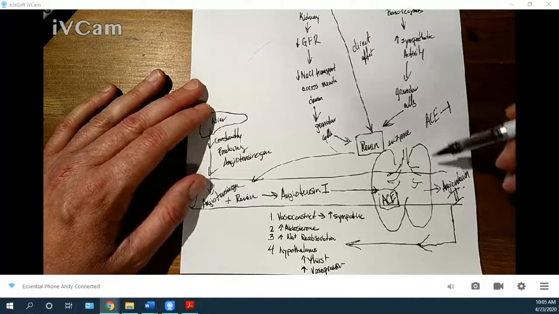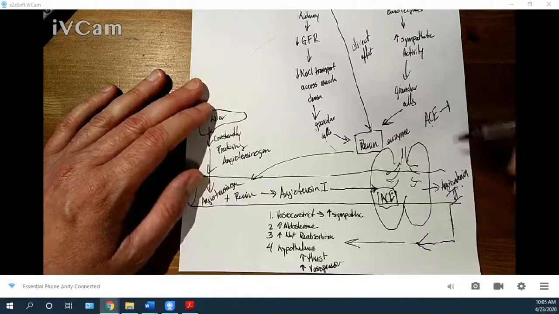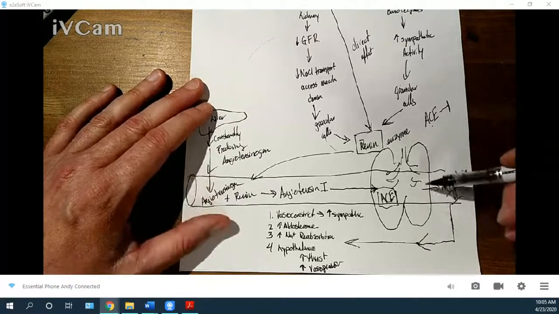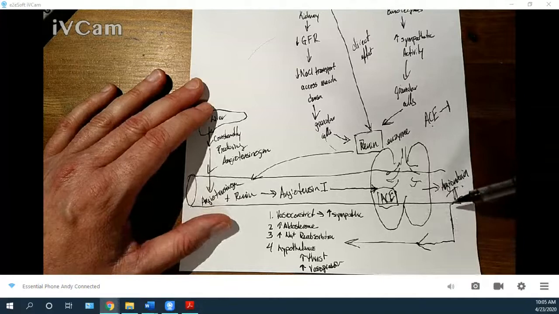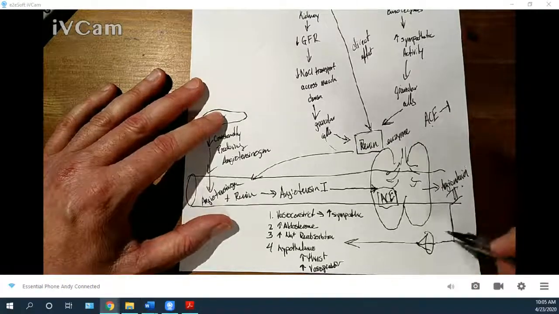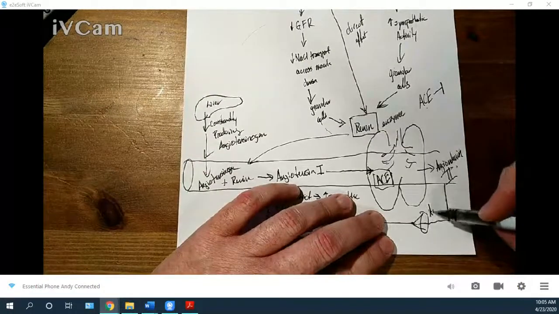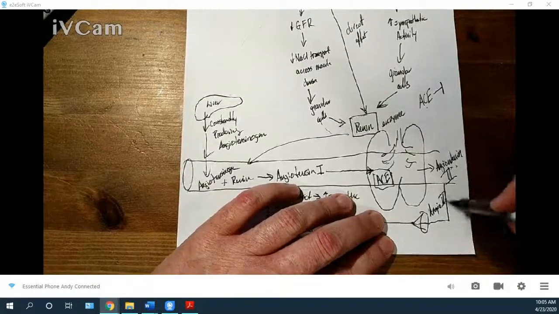And the drug I take now is an ARB, which is called an angiotensin 2 receptor blocker. So around here, we have angiotensin 2 receptors.